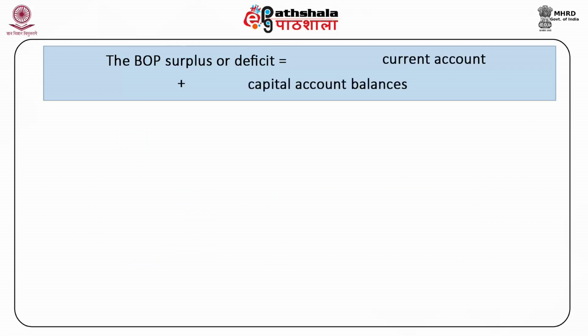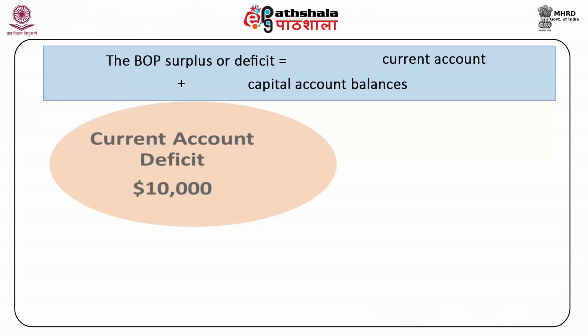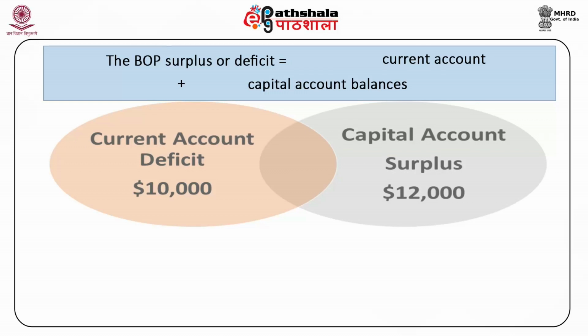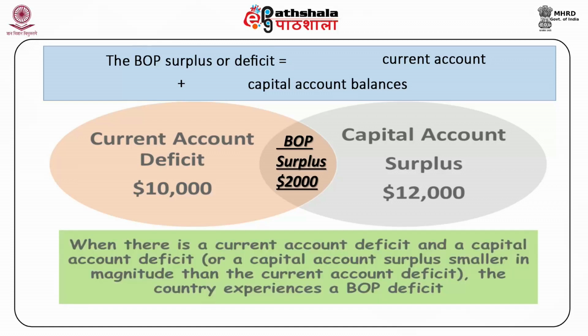In case a country has a current account deficit of, say, $10,000 but a capital account surplus that is larger in magnitude, say $12,000, then it has a balance of payments surplus of $2,000. Similarly, when there is a current account deficit and a capital account deficit, or a capital account surplus smaller in magnitude than the current account deficit, the country experiences a balance of payments deficit.